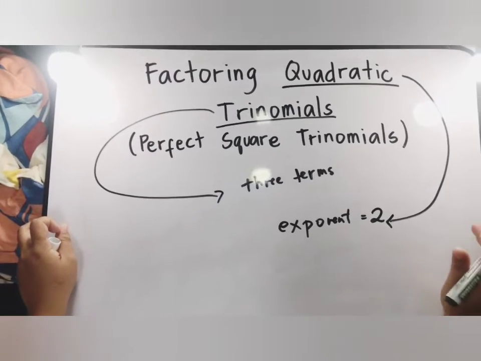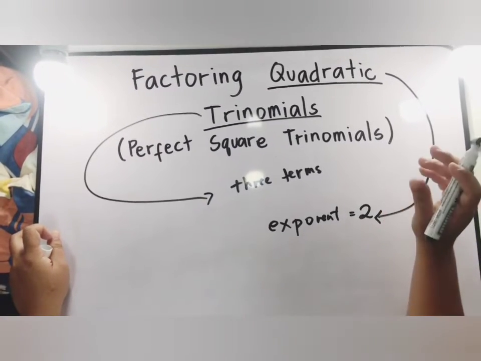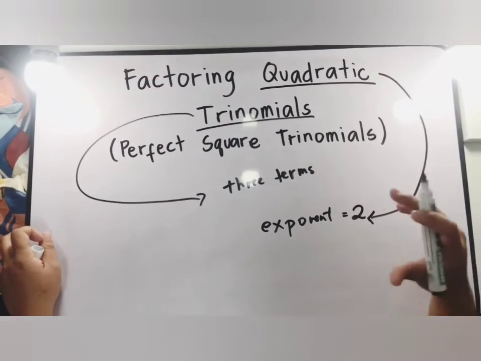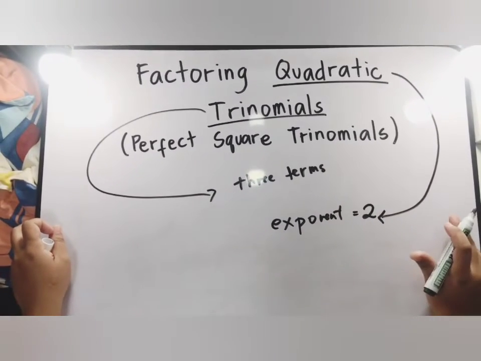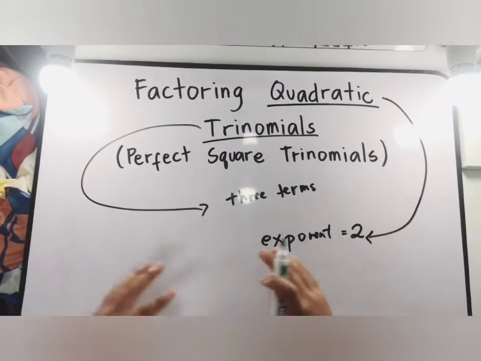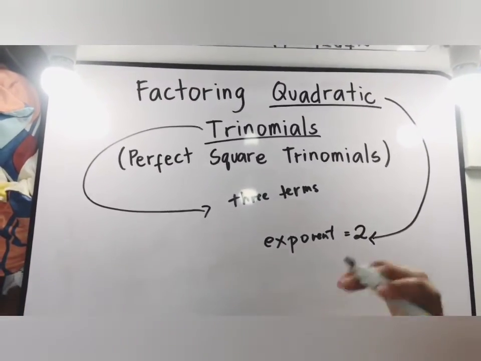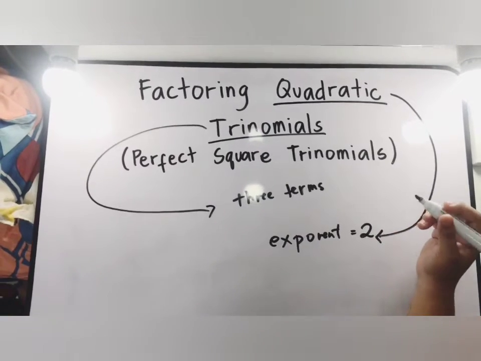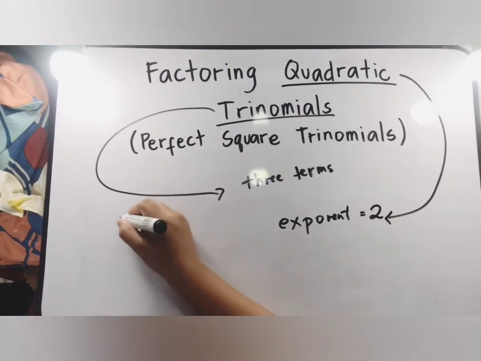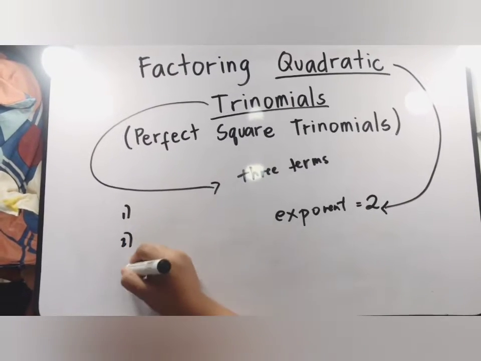Ibig sabihin yan, hindi kayo makakakita ng variable na may exponent na mas mataas sa 2, kundi hindi na siya quadratic. Okay? So, first I will be giving expressions and then try first to identify if it is an example of quadratic trinomials or not. So, here are the example expressions.